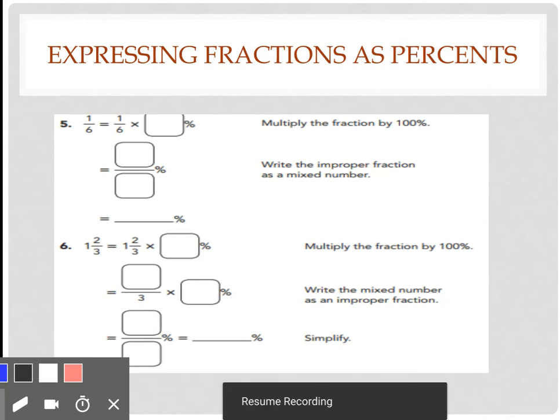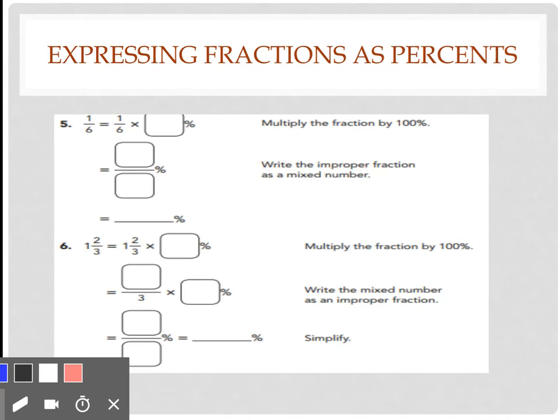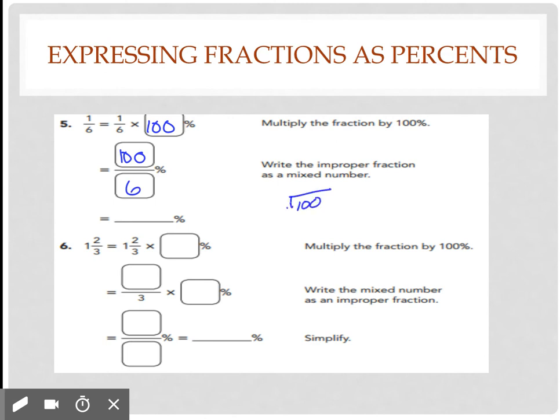Okay, so let's try a couple here. We want to see what 1/6 is as a percent. So first step is multiply by 100%. So that would be 100% over 6. So they're asking us to write it in improper fraction form. So let's just stick with that. 6 goes into 10 one time. That would be 4. I bring down my 0.